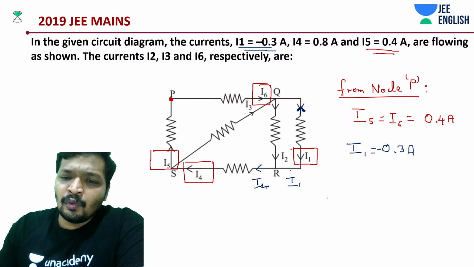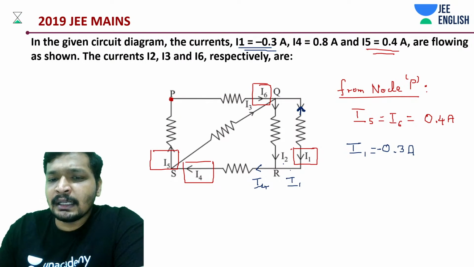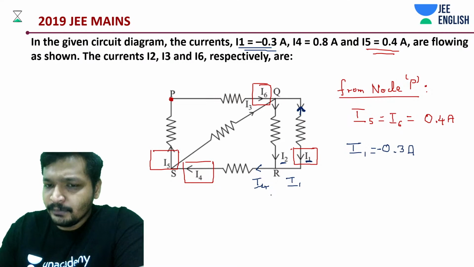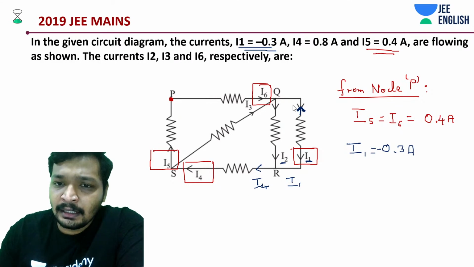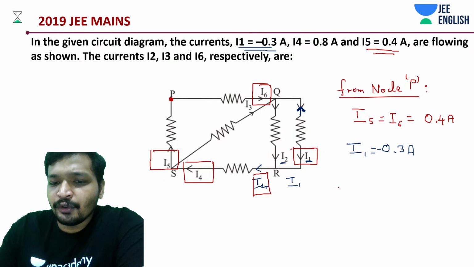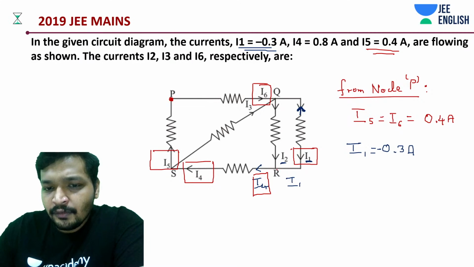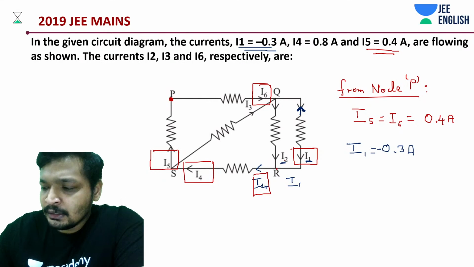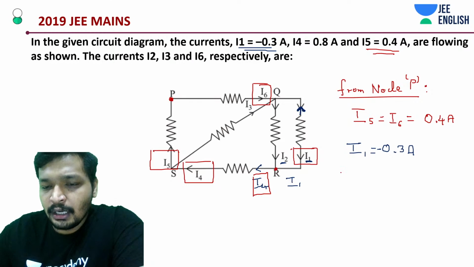What are those two currents entering the node? I2 and I1. It's a negative I1, but they are entering the node according to the picture. What is exiting? That is I4. So from this node R, just focus on this.